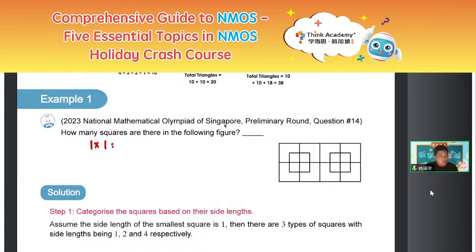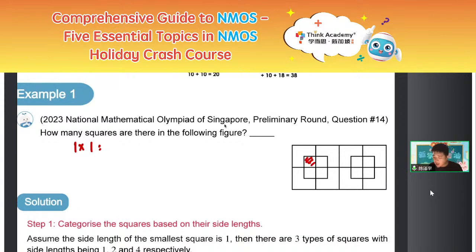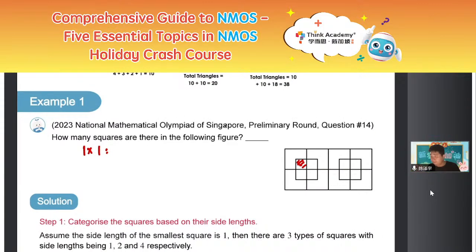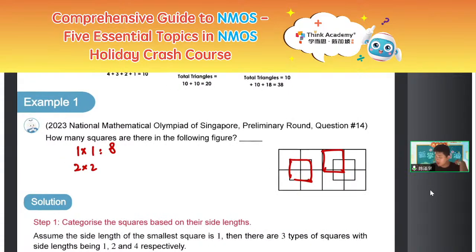How many smallest pieces do we have here? The 1 times 1, that's this kind. How many are there? I think it's quite straightforward. There are 8 of them. Okay, how about the 2 times 2 ones? Now the 2 times 2 will be a little bit tricky because you see the middle one is also 2 times 2, but if you think about this one, it is also 2 times 2.